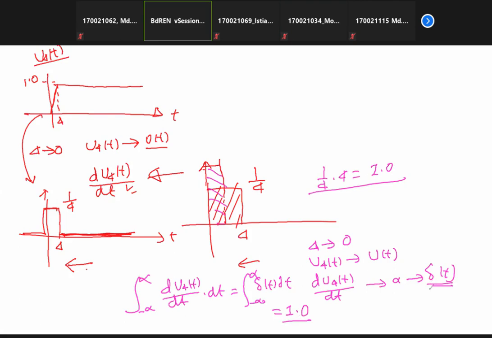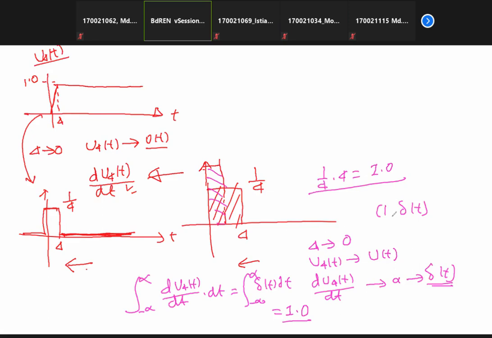That delta function is a localized function. Its amplitude will be infinity. It will appear at a particular instant of time, but its area will remain equal to 1. Sometimes in many texts, when we write delta t, a factor k is multiplied with it.